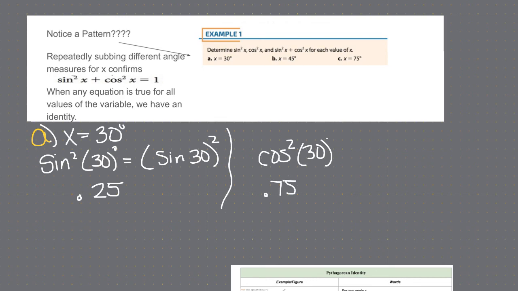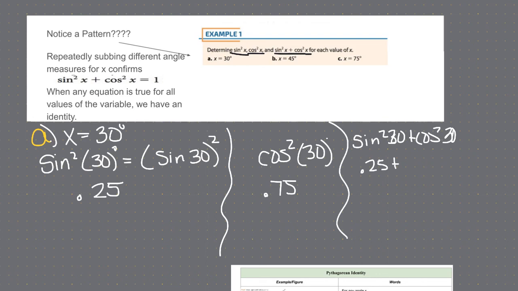Now the third component: determine sine squared x, cosine squared x, and sine squared x plus cosine squared x. So now we have to add sine squared of 30 plus cosine squared of 30. Well, sine squared of 30 was 0.25, plus cosine squared of 30 was 0.75. 0.25 plus 0.75 is 1.